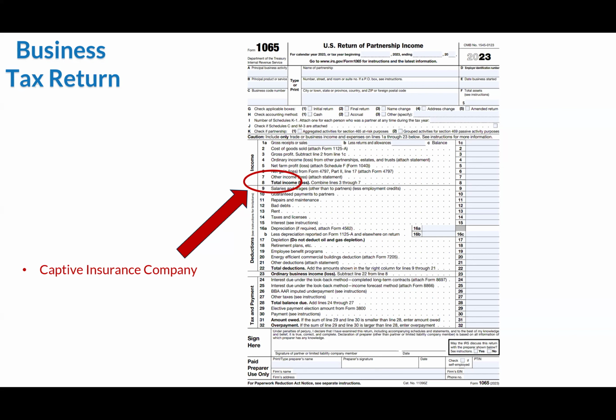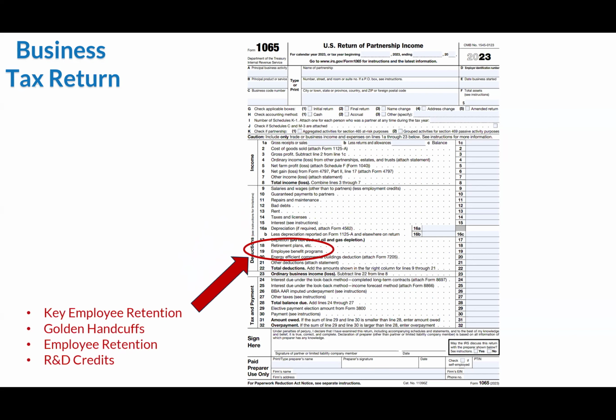The next thing to look at on the business return, do they have employees? Now, this is a big area that we're seeing right now, which is employee retention. You used to have to look and say, am I going to lose my key employees to my local competitors?